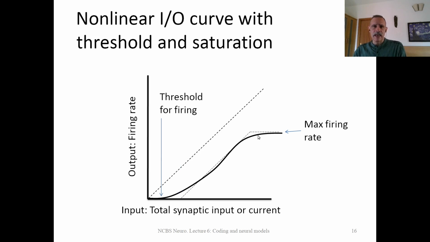What they probably will have is some kind of a more non-linear behavior where there's a gradual ramp up of firing. It increases in a kind of a linear way, and then it saturates out, but it doesn't saturate abruptly. It slowly maxes out. So this is a more typical input-output curve, right? Where your input is the synaptic input or the input current or some combination of other activity, and the output is what it is telling the rest of the world it is encoding.